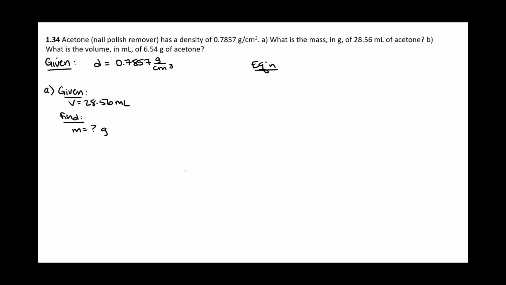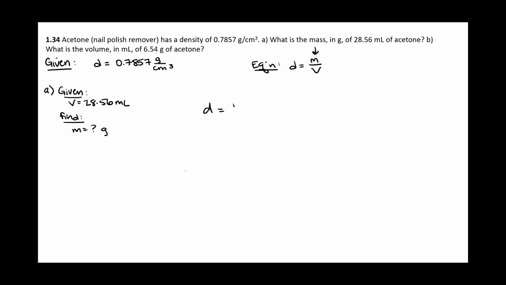We're just going to be rearranging it. So density equals mass divided by volume. In part A, we're trying to find mass. So what I like to do is whenever I'm given a problem with different units and components like this, I like to isolate what I'm solving for. In this case, I'm solving for mass.